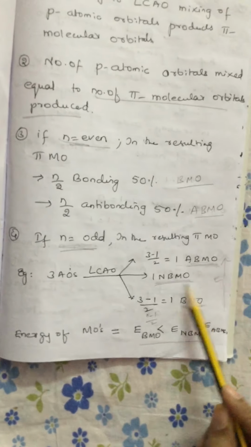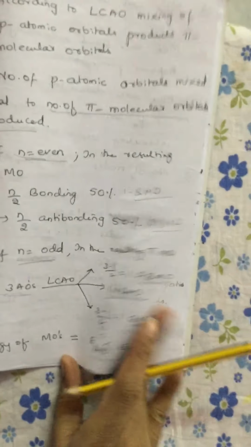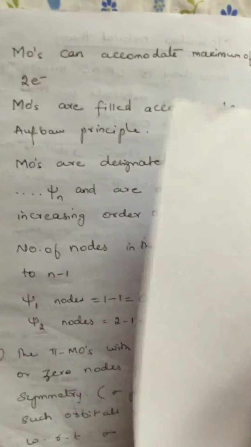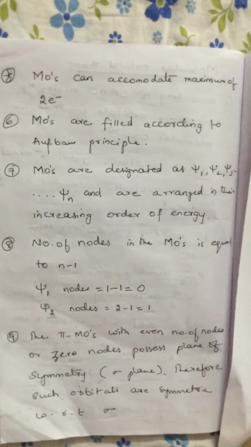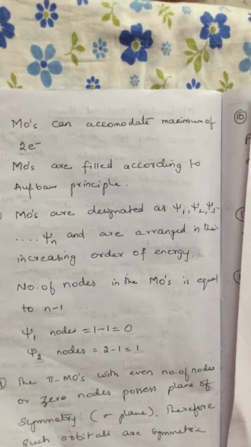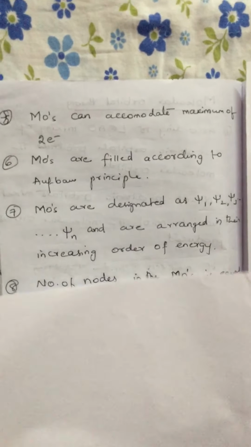The energy of the non-bonding molecular orbital is comparable to that of the atomic orbitals. Next, the molecular orbitals produced upon linear combination of atomic orbitals can accommodate 2 electrons. This concept you are already familiar with.